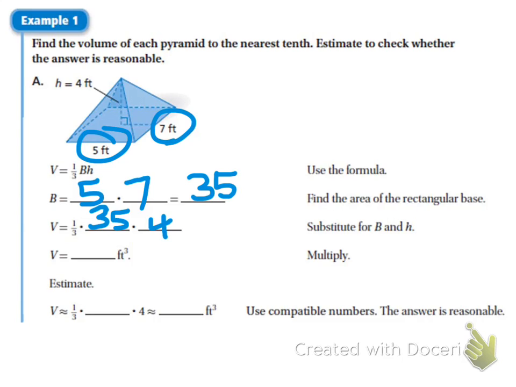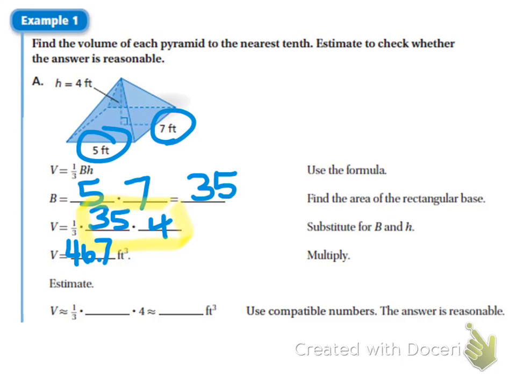That's okay. The easiest way to find this is to multiply these two numbers and then divide by 3. So multiply 35 times 4 and divide by 3. What do we got, Brandon? 46.66666. It's a repeating number, so we're going to round to 7.